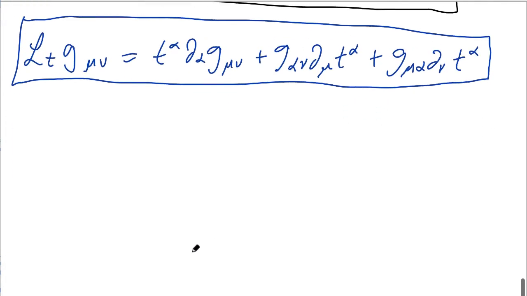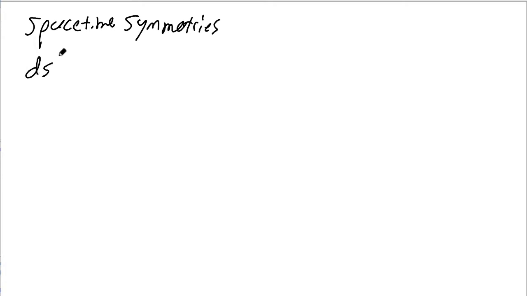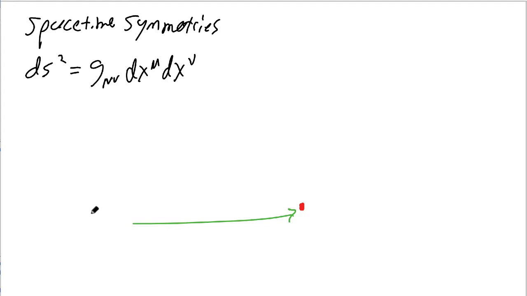Now let's turn our attention to spacetime symmetries. So let's start with the metric g mu nu dx mu dx nu, and I want to think of this as a line element, so it gives us the proper distances and proper times separating nearby points. So here's one point, and let's give this point the coordinates x mu.